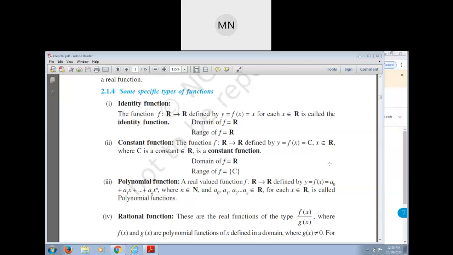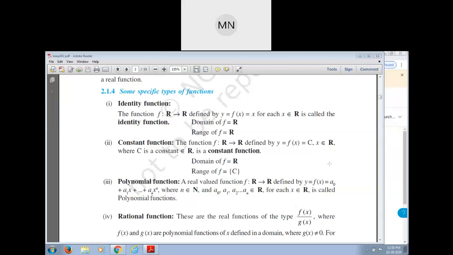And see that if we define a function from R to R, then the domain of that function is what? R. The domain of that function is R, that is the set of real numbers. And the codomain is R. And here the range of this type of function is a subset of R. Because when we discuss function, we have already said that the domain is always the first set, and the second set is considered the codomain, and range is a subset of codomain.